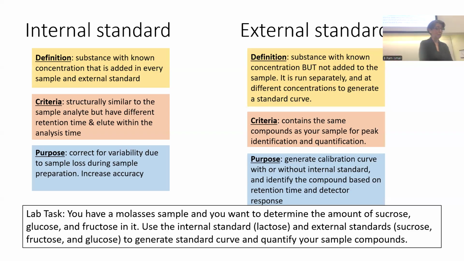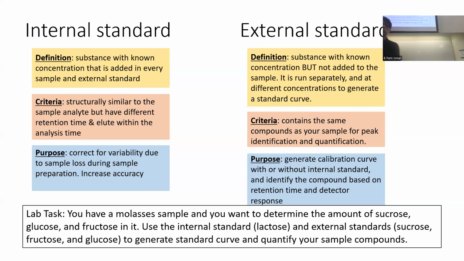You prepare it separately from your sample and you use it to identify your components. And not only that, if you run a standard curve, like we did for caffeine, we can get an exact concentration of caffeine in your sample. So external standards are needed for identification and for quantification with a standard curve.